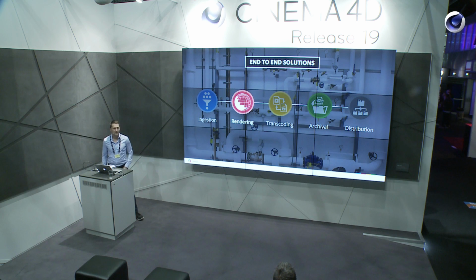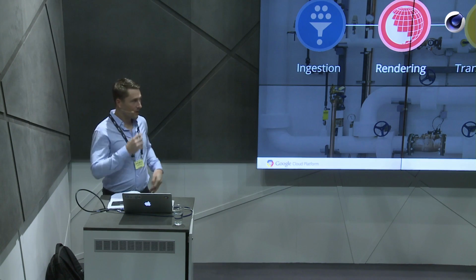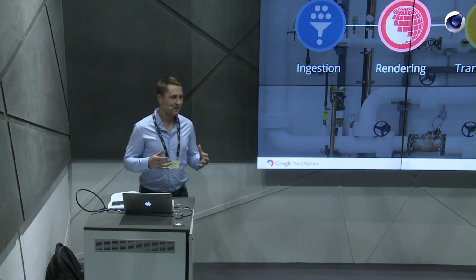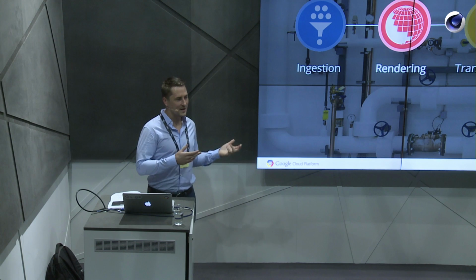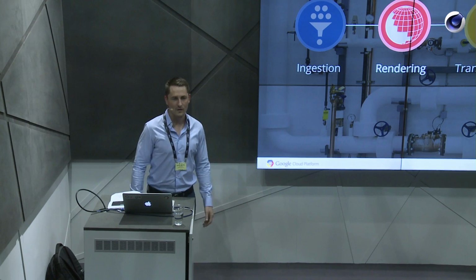So Zync was started a few years ago at a small studio out of Boston. There was a really small team of artists, and they could do really high-quality work, but they didn't have the capital needed to build an on-prem render farm.